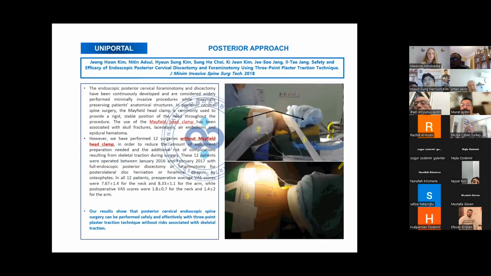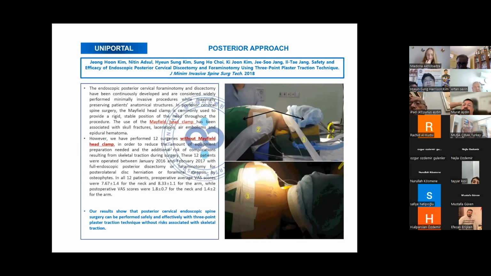And this is also very important, maybe this is my paper, where you can see the 3+ technique of cervical traction. Before, we tried the Mayfield head clamp and some kind of head clamp for traction of the cervical area to expose the low cervical spine and to expose a wider space. But that looked like a very heavy, hard, large operation.